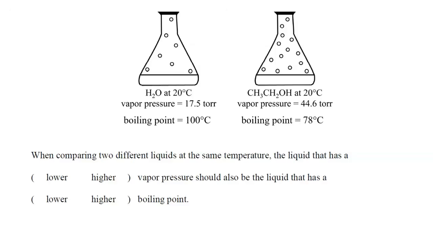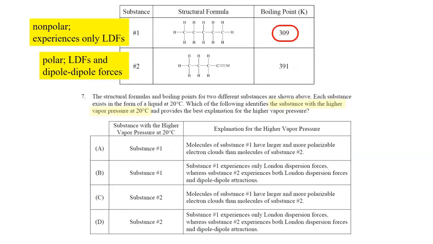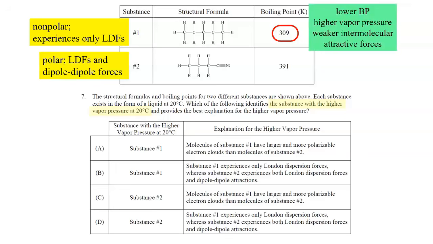So a substance that has a higher vapor pressure at a given temperature should also be the liquid that has a lower boiling point. And so we know that substance number 1 has a lower boiling point, so it should have a higher vapor pressure at 20 degrees Celsius, and it has weaker intermolecular attractive forces.